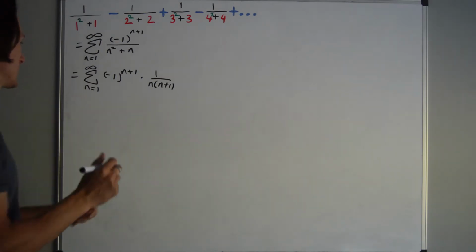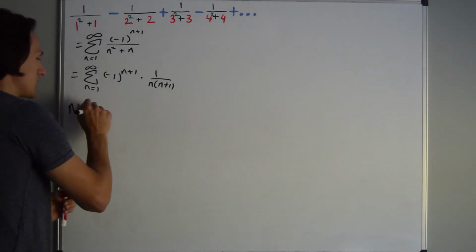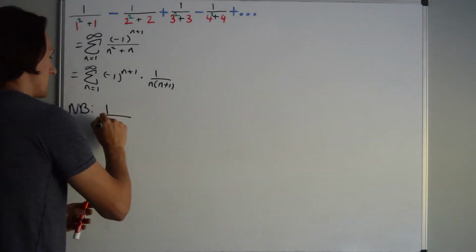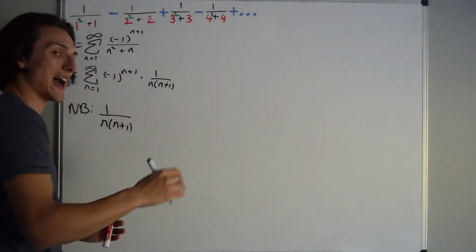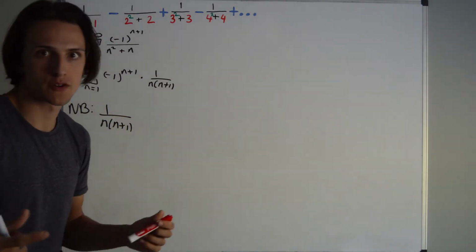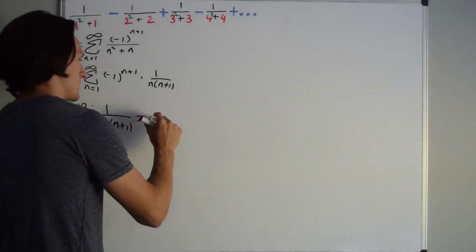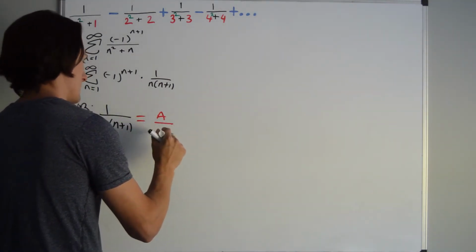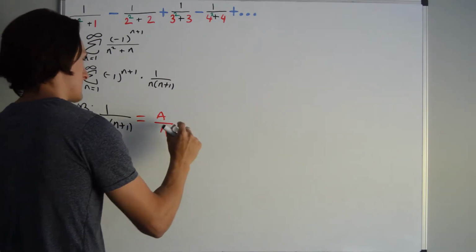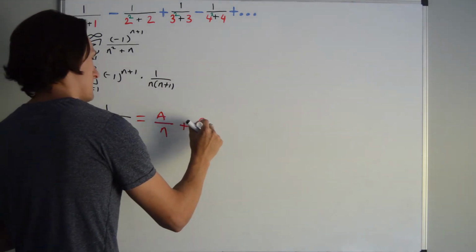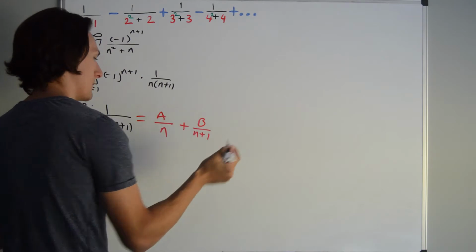So let's do a little side note. We want to write 1 over n times n plus 1 as two partial fractions. So what do we want to write it as? We want to write it as a over n plus b over n plus 1.